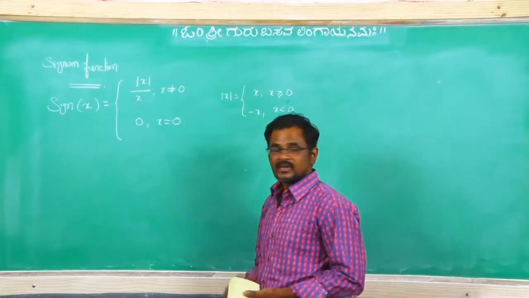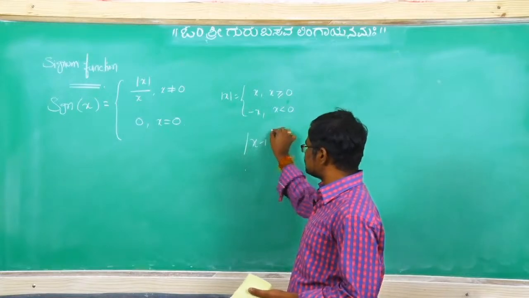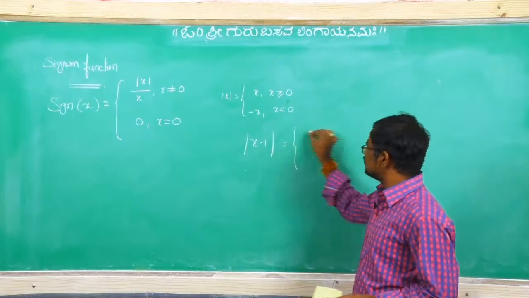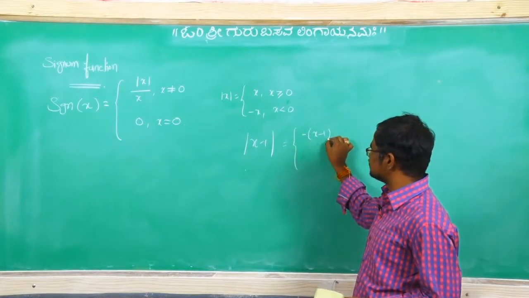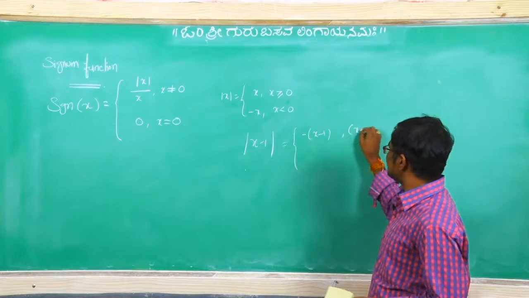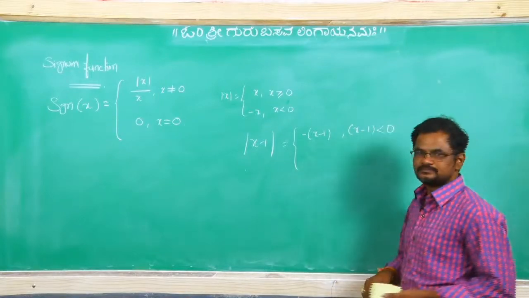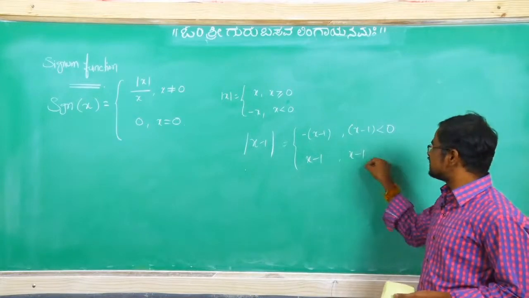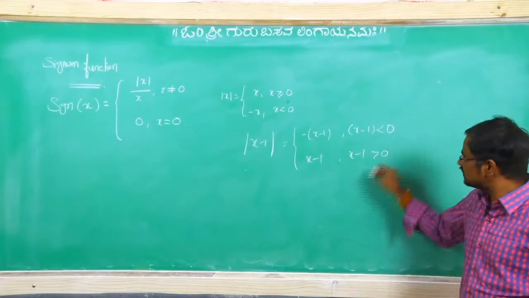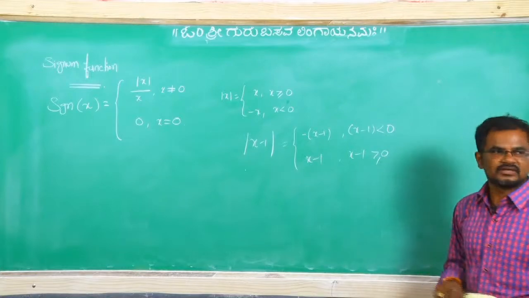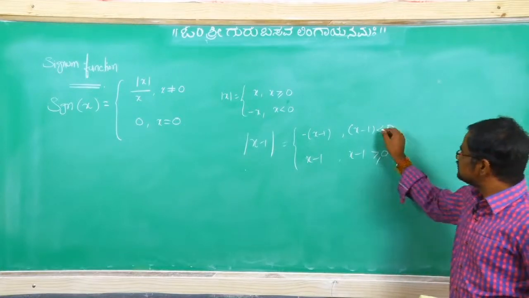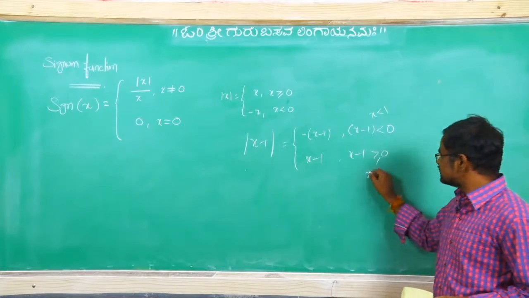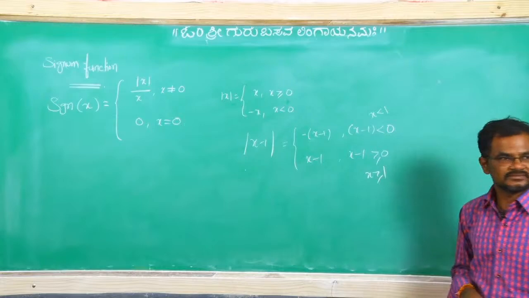Similarly, we can write modulus of x minus 1 equal to minus of x minus 1 when x minus 1 is less than 0, and x minus 1 whenever x minus 1 is greater than or equal to 0. Here x minus 1 less than 0 is nothing but x less than 1, and here x is greater than or equal to 1.